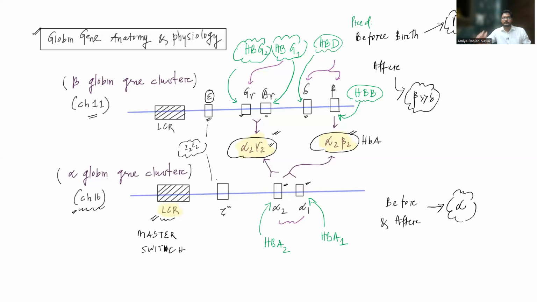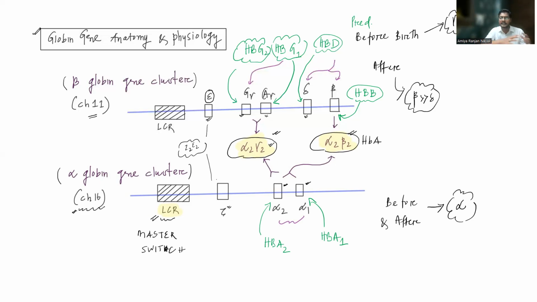That means during the fetal period, this locus control region will make sure that you are producing predominantly gamma globin. And after birth, it will make sure that you are producing predominantly beta globin chain. So that's why this is known as the master switch. But anyway, it's not very important at this point of time to understand. So I hope it is clear.